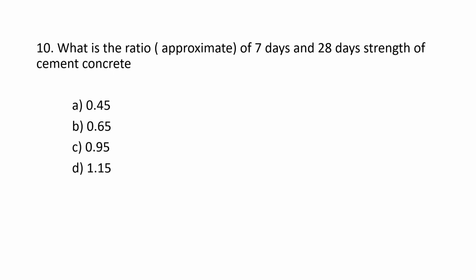Next question: what is the approximate ratio of 7 days and 28 days strength of cement concrete? We should be careful. They asked here about concrete, cement concrete, not cement. We know the age and strength relation: for concrete of 1 day, its strength is 16%.